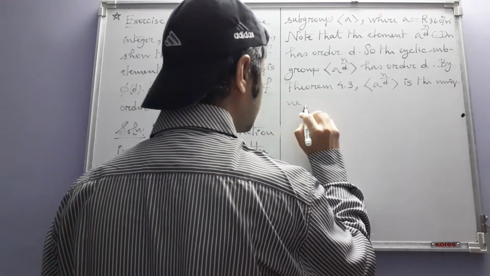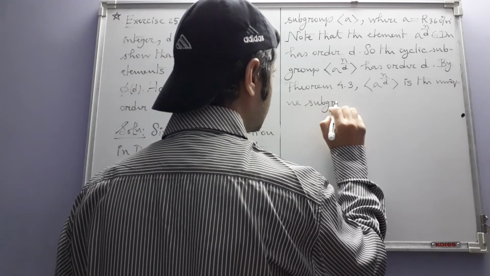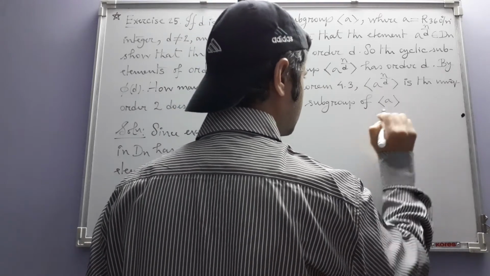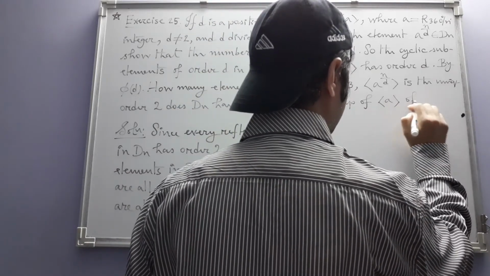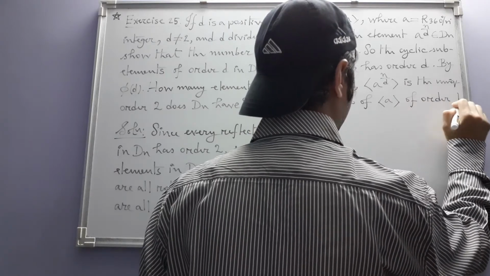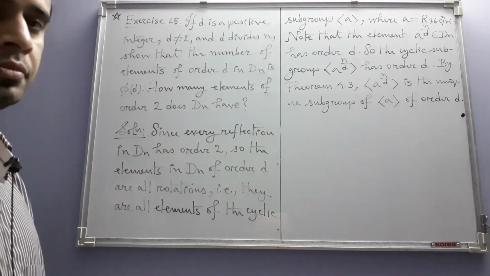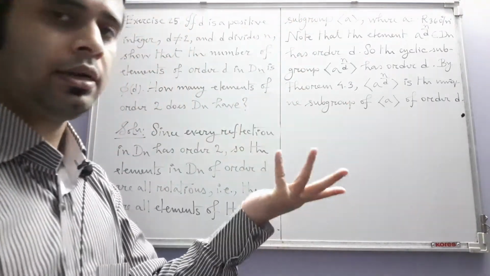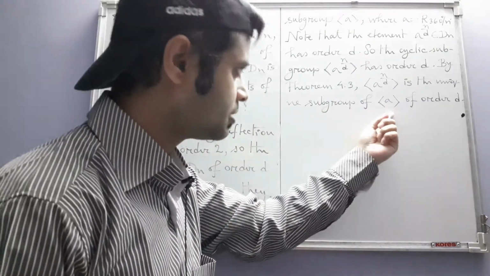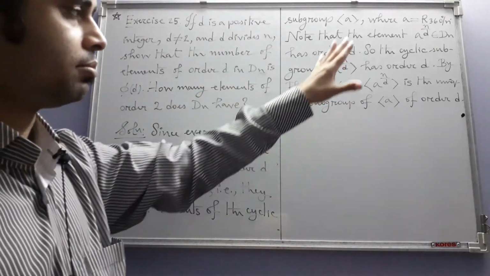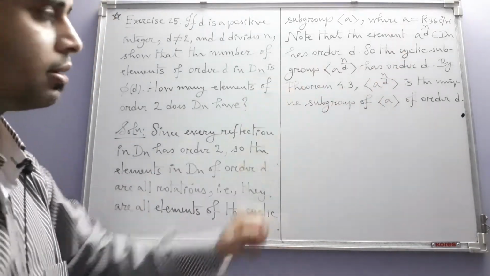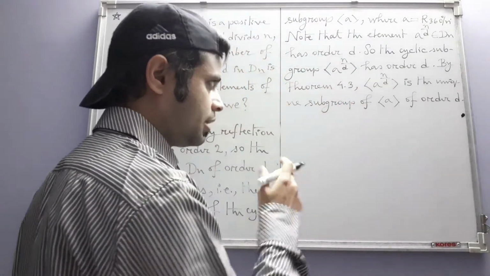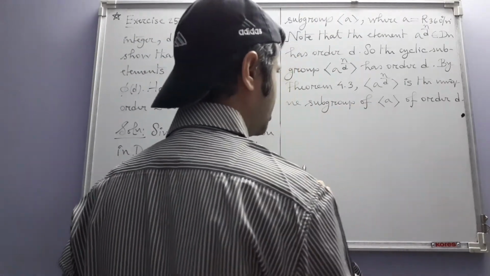This is the unique subgroup of this group of order d. Note that we have to apply theorem 4.3 only inside a cyclic group, and our cyclic group is this. We cannot apply the theorem on the entire Dn because that is not cyclic. So what is this theorem saying in this case, the way we have applied it?